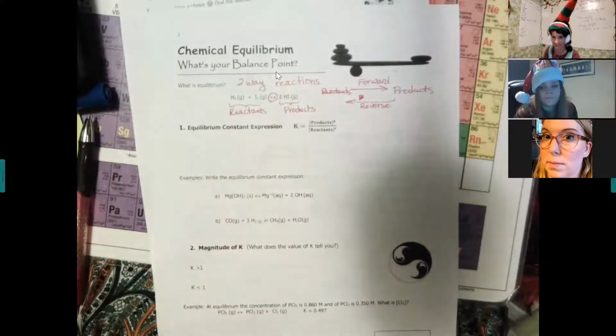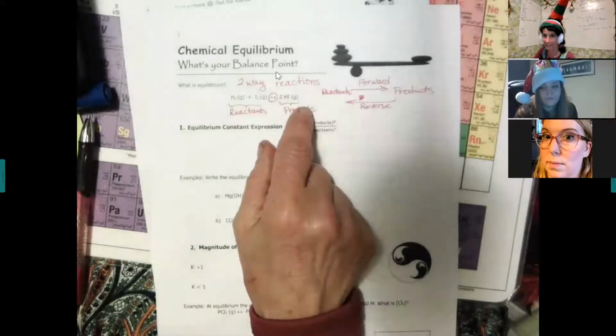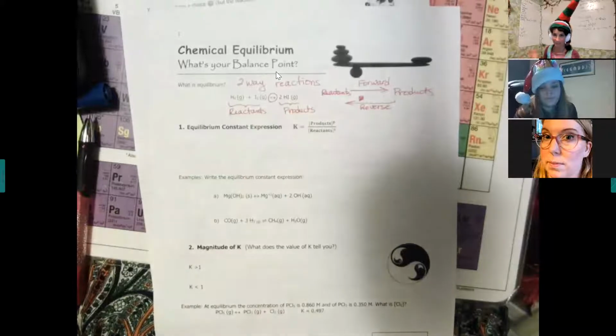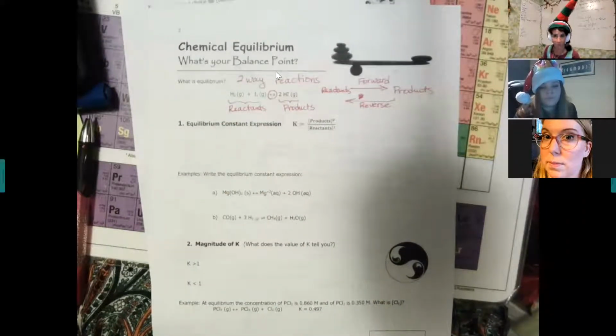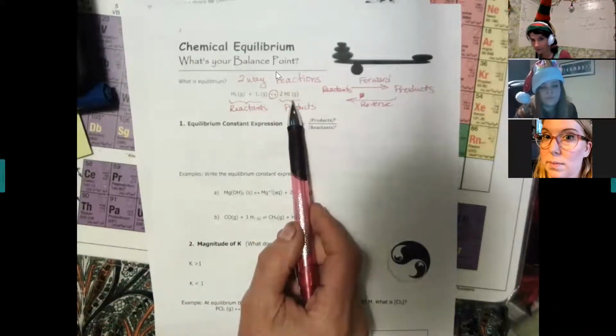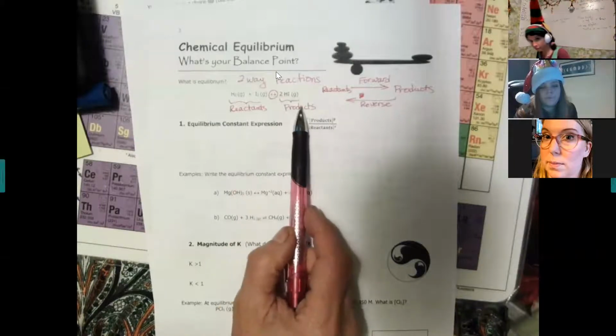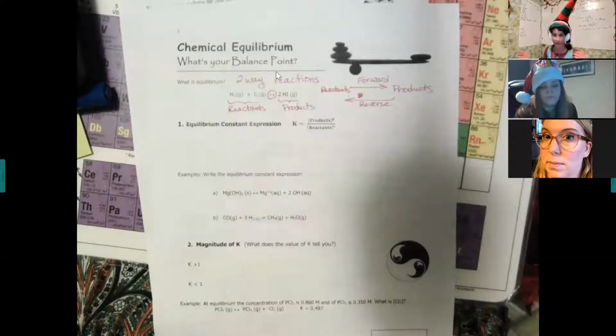Those two are colliding and reacting and making the HI. But the HI keeps breaking down into hydrogen and iodine. So the reaction's going both directions at the same time. It's not that it goes forward and then backwards and then forward and then backwards. It's going forward and backward at the same time.